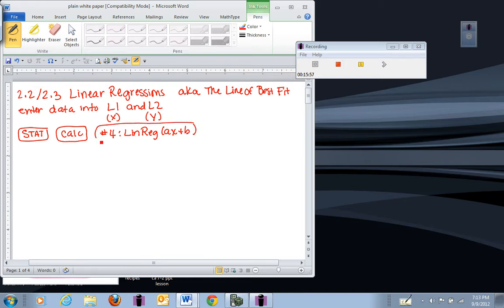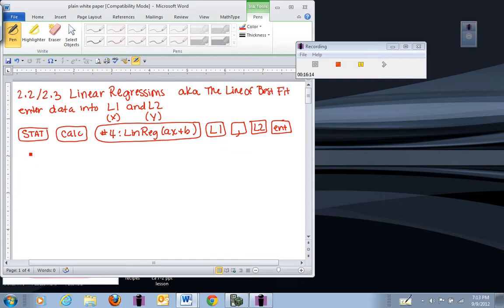That was the one we chose. And then the cursor was blinking, so we picked L1, then comma, L2, and then we had to hit enter. That comma is above the 7, remember that.